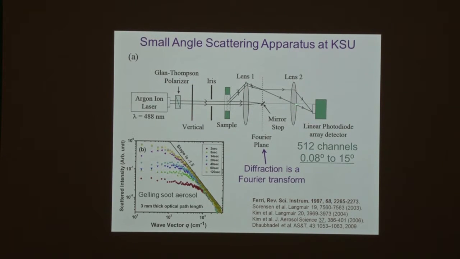This is a longer focal length lens because we could put the detector right there, but you can't get a big enough detector. So you have to demagnify it to get it onto the detector. This is a linear array. We've screwed around with two-dimensional arrays. In the forward direction, you don't really gain that much with 2 dimensions. So linear arrays are just fine.